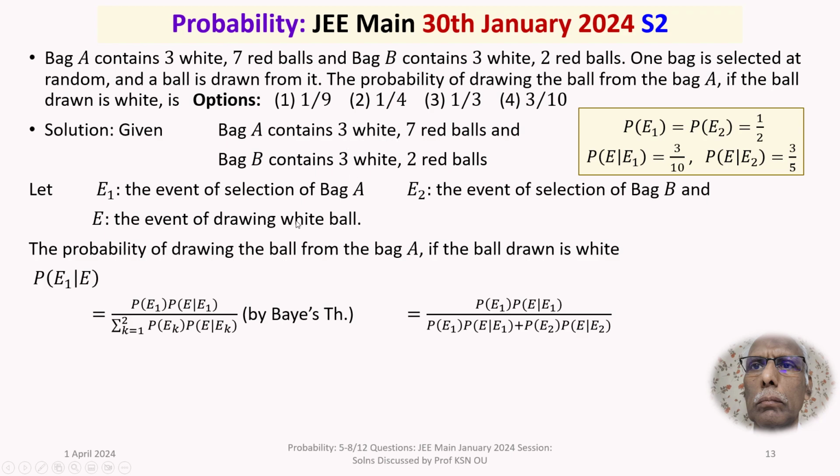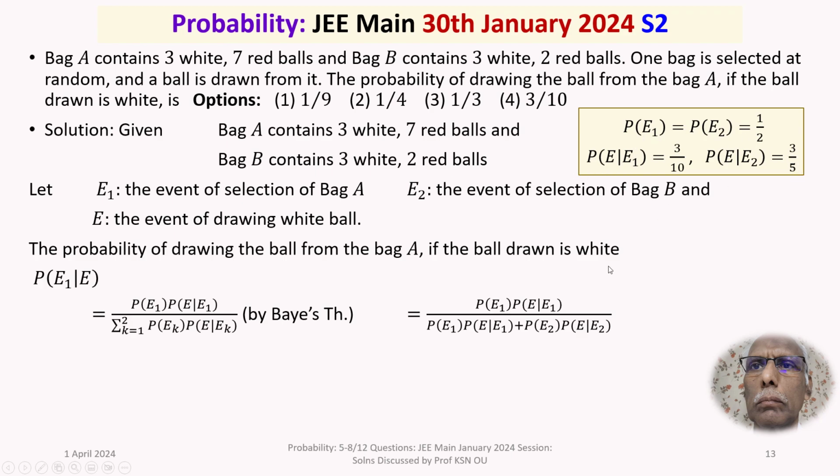You have to choose one white ball. So 3C1 by the total number, 3 plus 7, 10. That is 3 by 10. Probability of E given E2, so selecting the white ball from bag B. In bag B, 3 white balls are there, and one white ball you have to choose, 3C1 by 3 plus 2. In bag B, the total number is 5.